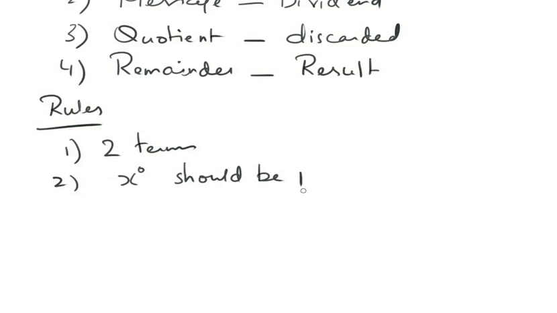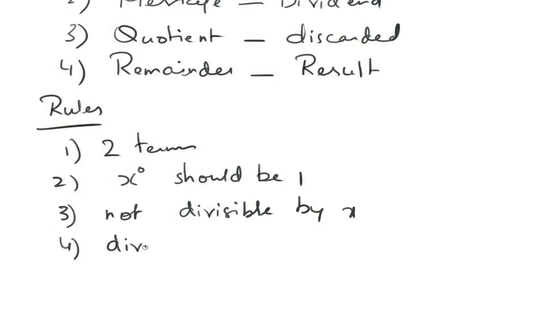Then, the generator should not be divisible by x. The last rule is it should be divisible by x plus 1. So these are the 4 rules of a generator polynomial.